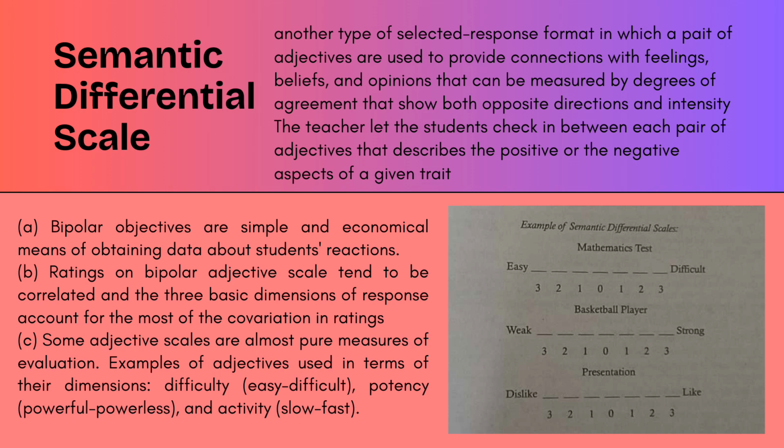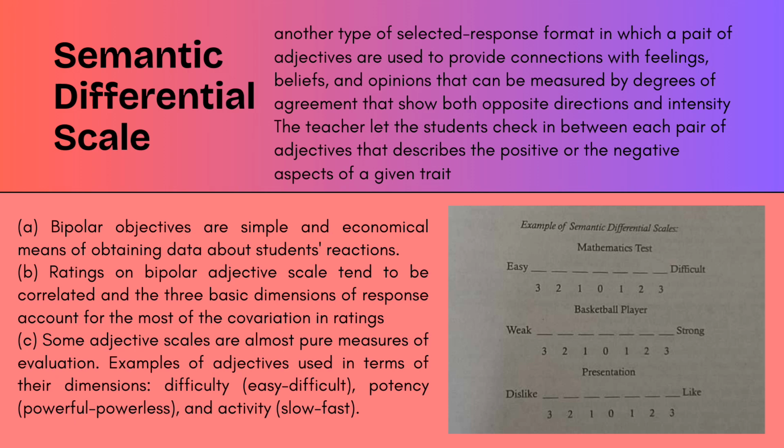So this scale provides a structured method for respondents to express their opinions or feelings in a continuum between two opposing attributes. Here's how a semantic differential scale typically works. First, respondents are presented with pairs of adjectives that represent opposite poles of a particular trait or concept.